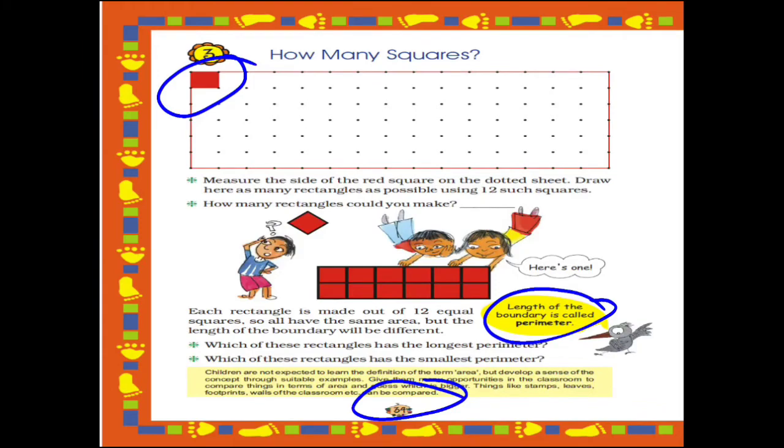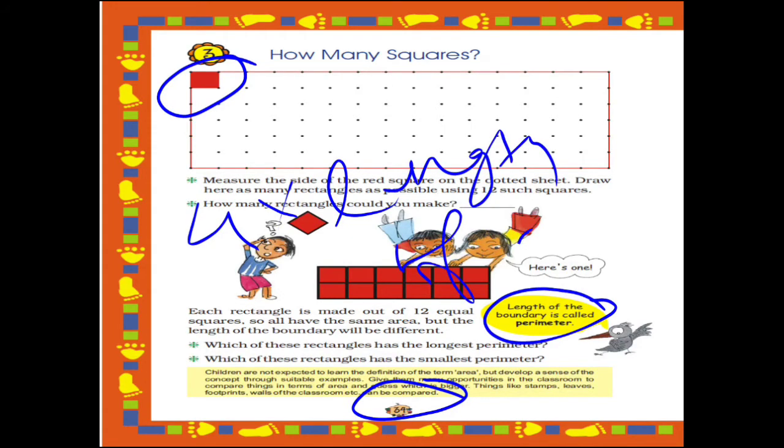The formula is 4 into length of a side. Why length of a side? Because we know that in a square all four sides are of equal length. So for finding the perimeter of a square, the formula is 4 into length of a side.